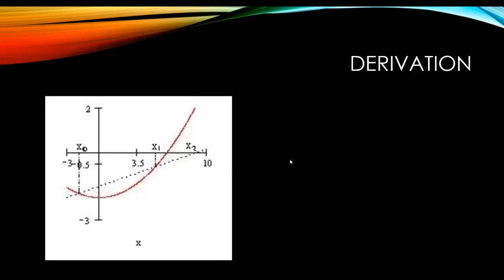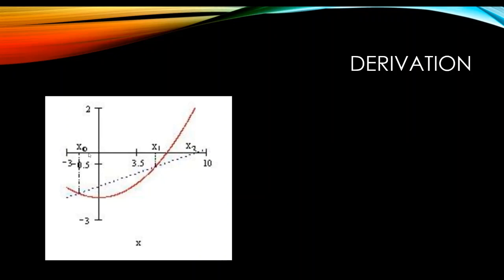So let's have this graph. Let x sub 0 and x sub 1 be the two initial approximations for the root of the function at x equal to 0. So this is our function, and we want to determine this root, wherein the function at x is equal to 0.